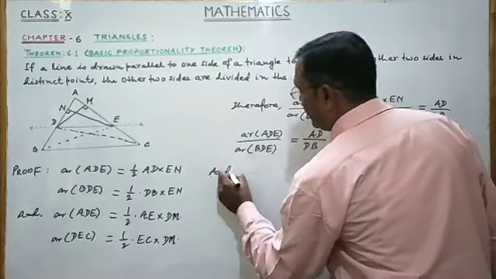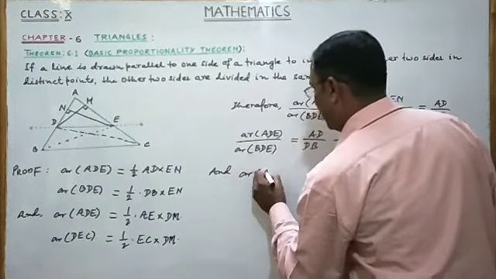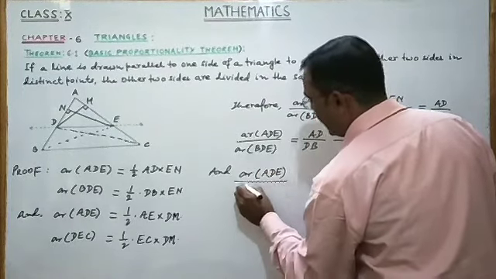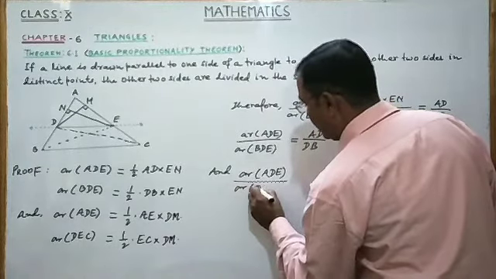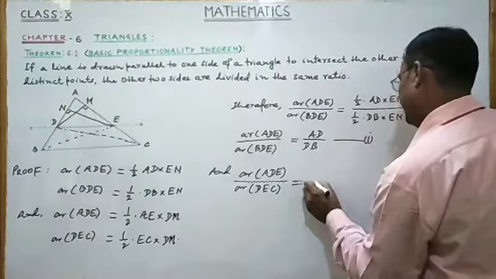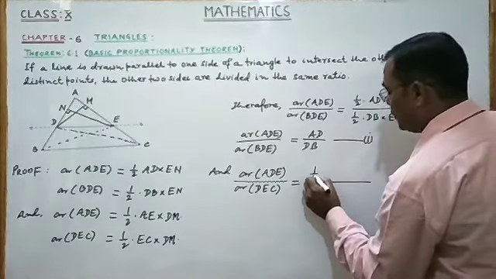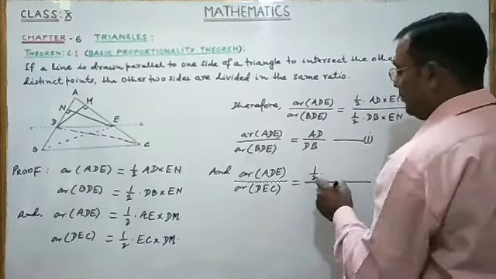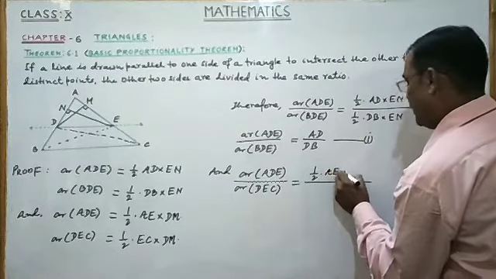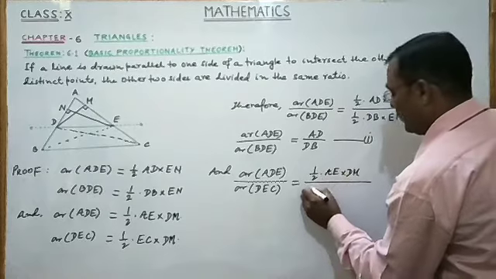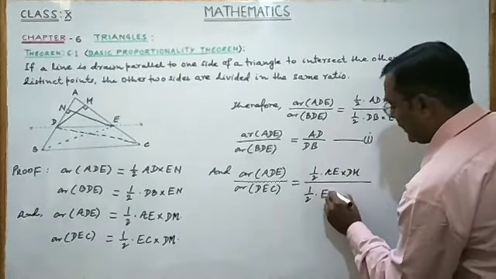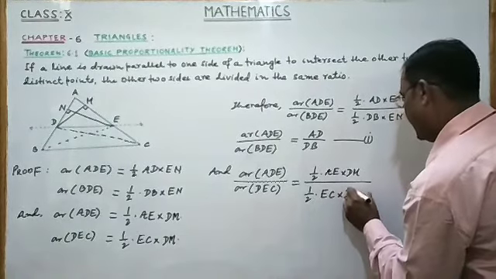And area of triangle ADE by area of triangle DEC equal to half into AE into DM by half into EC into DM.